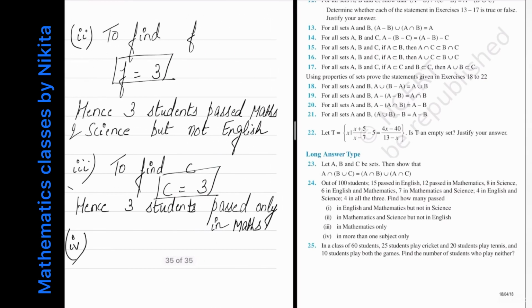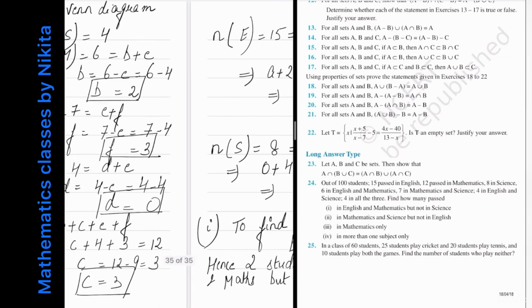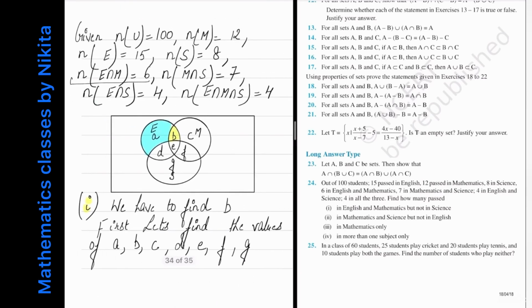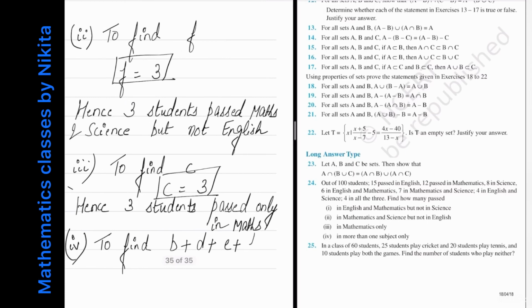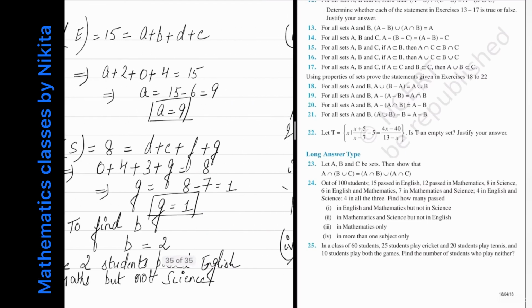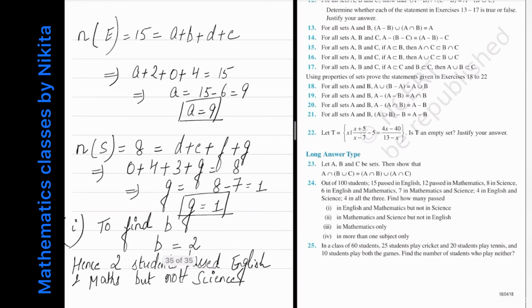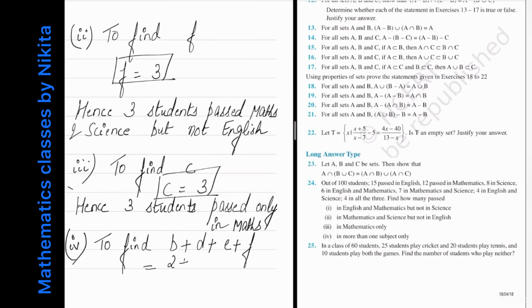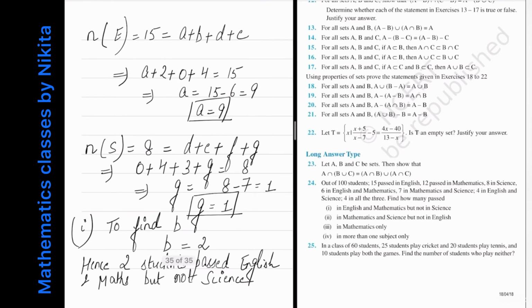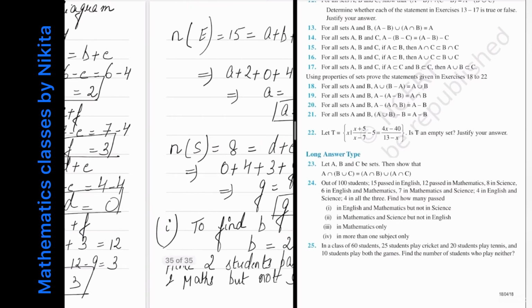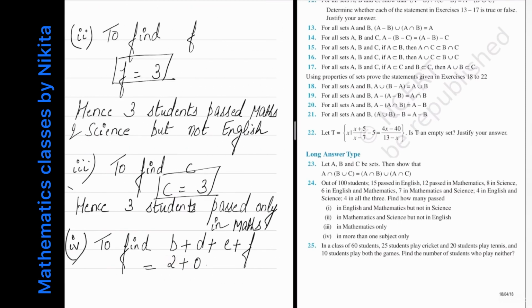So we will write that we have to find B plus D plus E plus F, which is equal to, now B is equal to 2, D is equal to, I think it was, D was 0, E was 4, and F is 3, which is equal to 6 plus 3, 9.